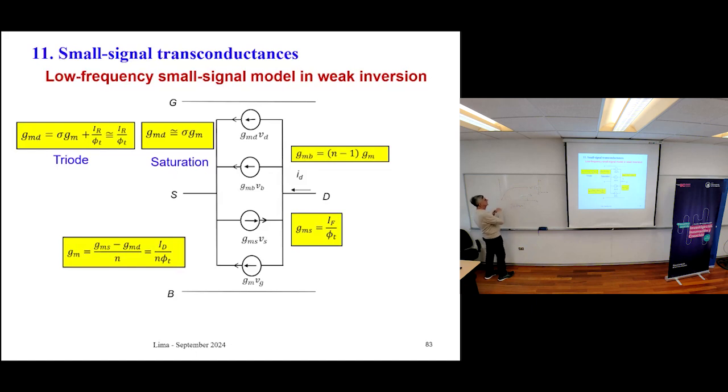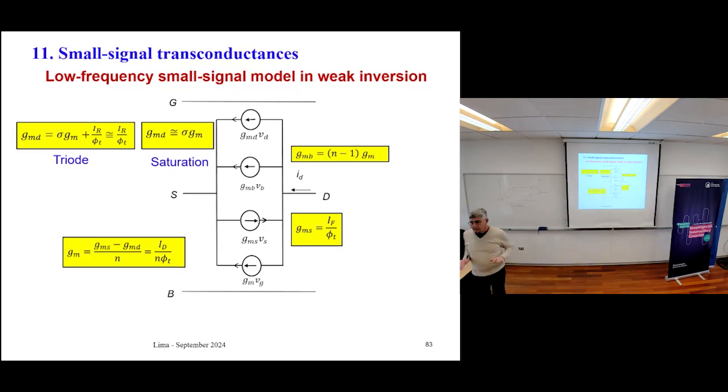Let's call this region here triode. The current changes a lot with VD, but here you have just a small change of the current with the drain voltage. In case the transistor operates in this region, the dominant term will be IR over phi t for the calculation of GMD.